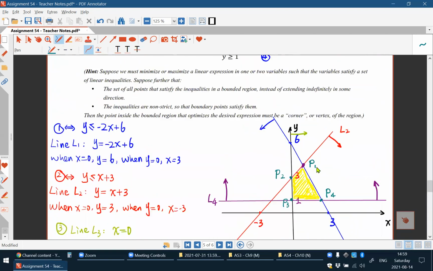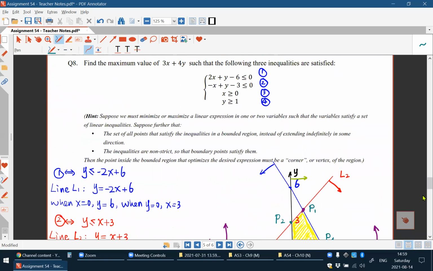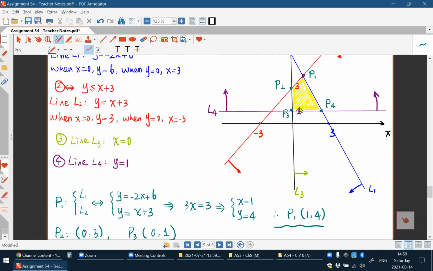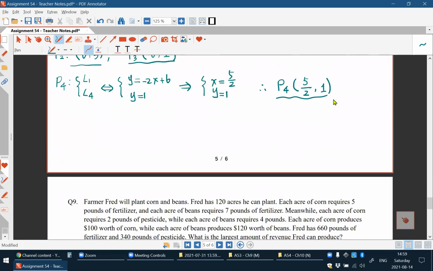Now we only look at the value of the target function at these vertices and decide which one has a larger value. Okay, so we can draw a table like this. First column is different vertices.